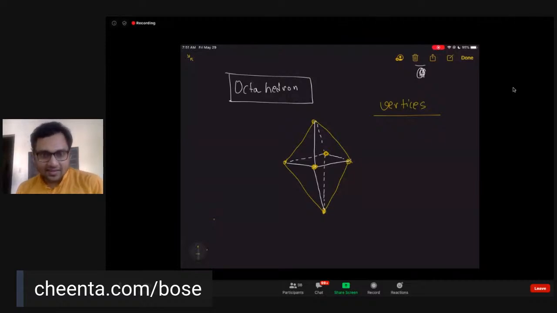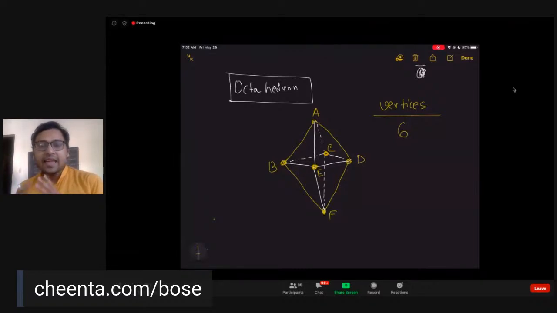Okay, Sana is saying, I'm getting many answers about the number of vertices. There are indeed 6 vertices. I can give them names: A, B, C, D, E, and F. So we have 6 vertices.